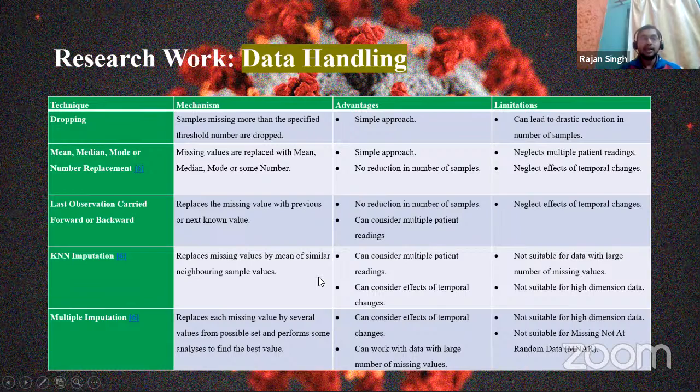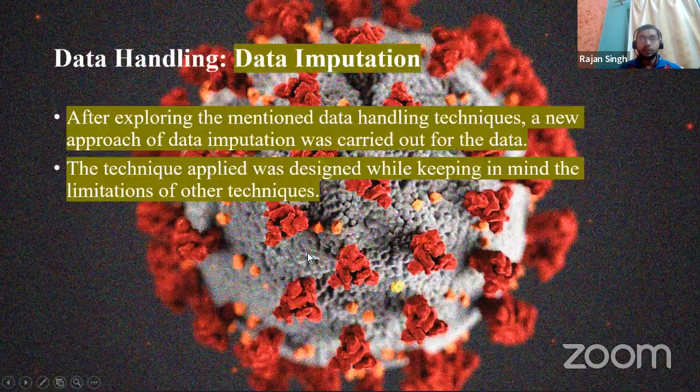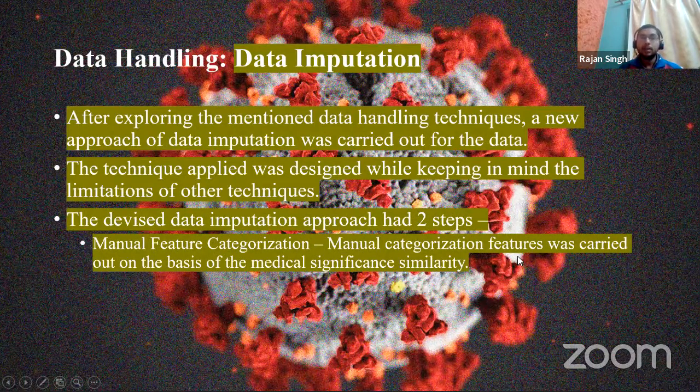So considering all this, we developed a data imputation technique, designed to overcome the limitations of other techniques. The devised data imputation has 2 steps. First was manual feature categorization, in which the features were grouped based on similarity in medical significance.